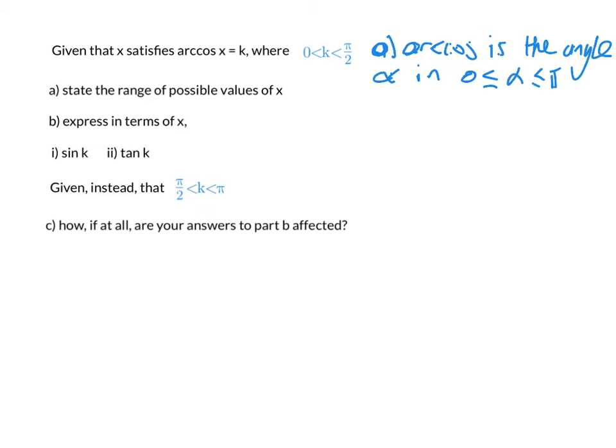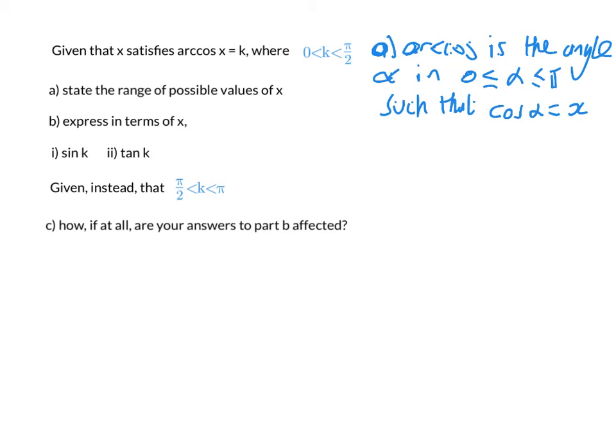So arc cos, inverse cos, exists between 0 and pi. But we're saying such that cos alpha equals x. So x is really cos of alpha here, cos of something.